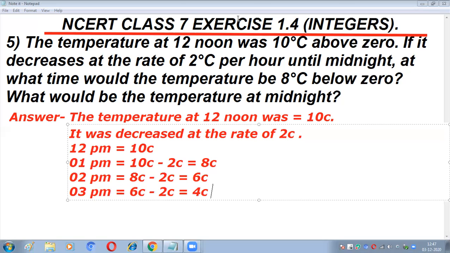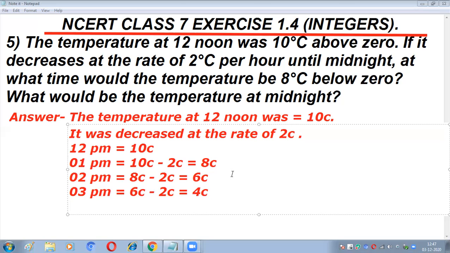Okay, so we will do this until 12 a.m. at midnight. 12 p.m. is equal to 10 degrees Celsius. Then we just subtract 2 degrees Celsius from every temperature.